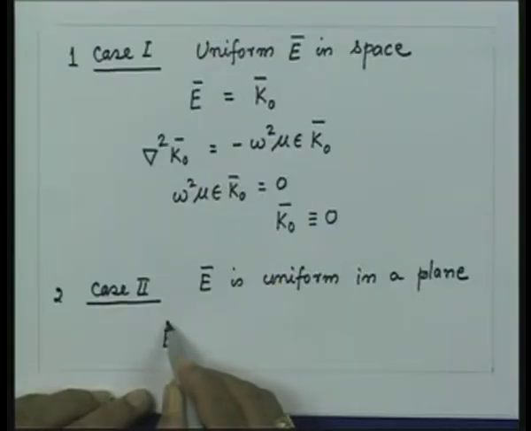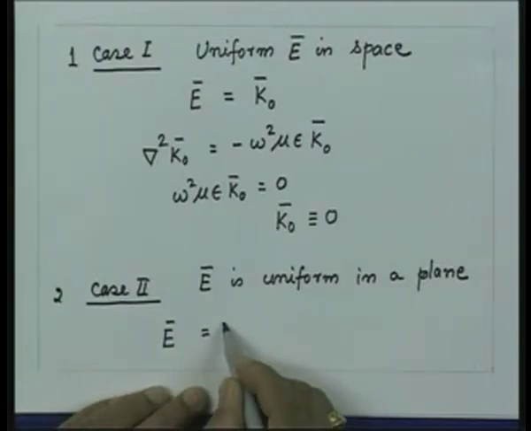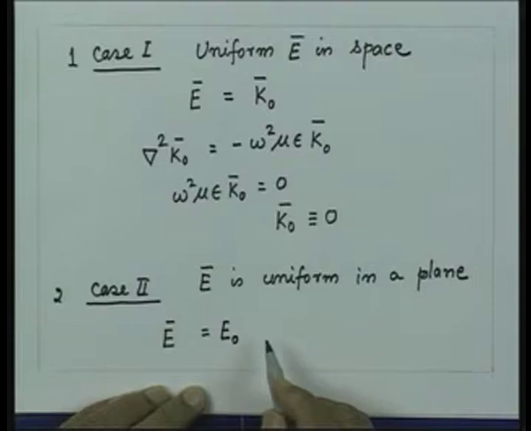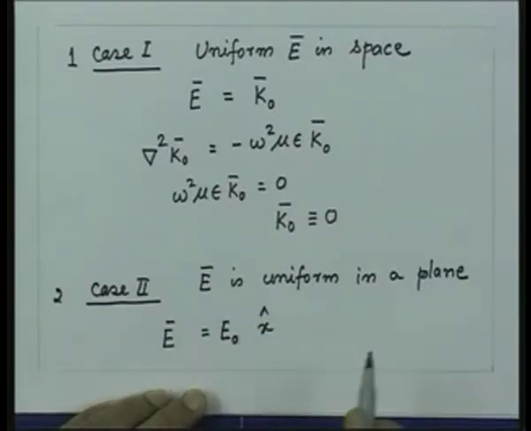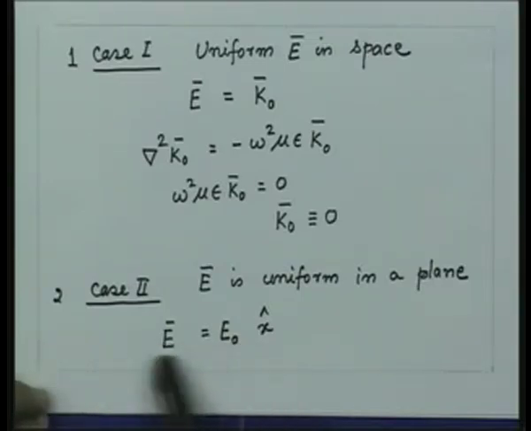That means, by our choice, the electric field is given by some constant E0, which will be oriented in the x direction. This is the scalar quantity, and I can put a unit vector in the x direction. So, this is the quantity now which is representing the electric field oriented in x direction.